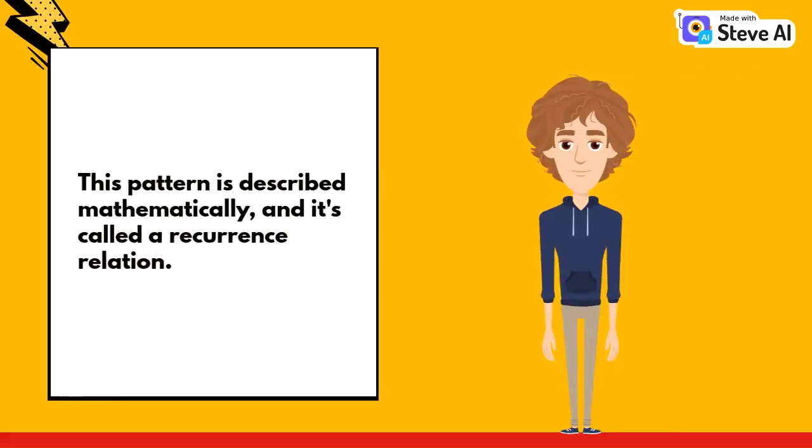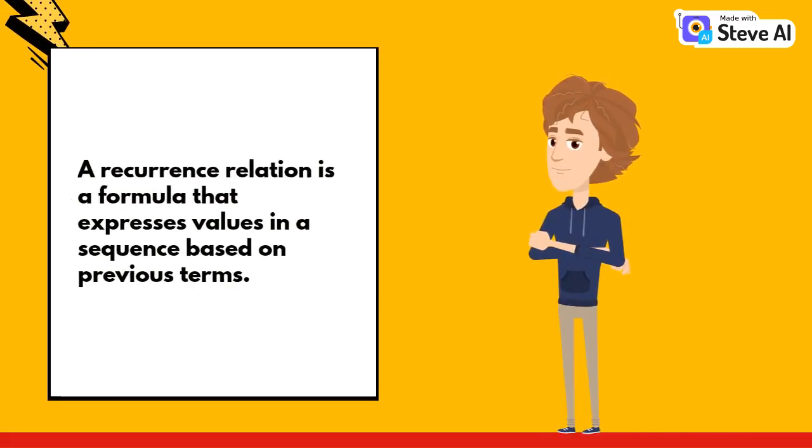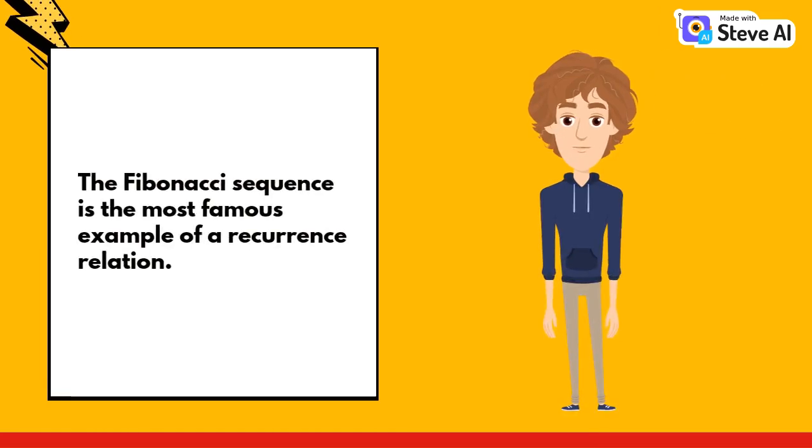This pattern is described mathematically, and it's called a recurrence relation. A recurrence relation is a formula that expresses values in a sequence based on previous terms. The Fibonacci sequence is the most famous example of a recurrence relation.